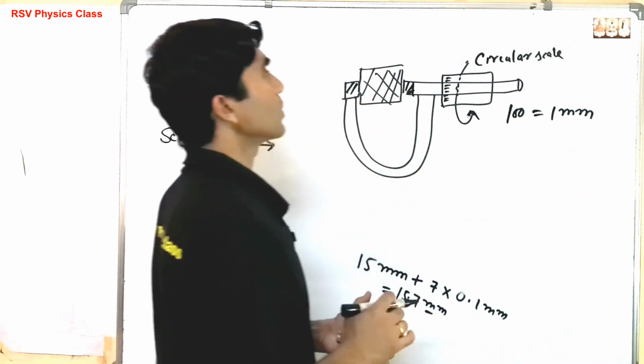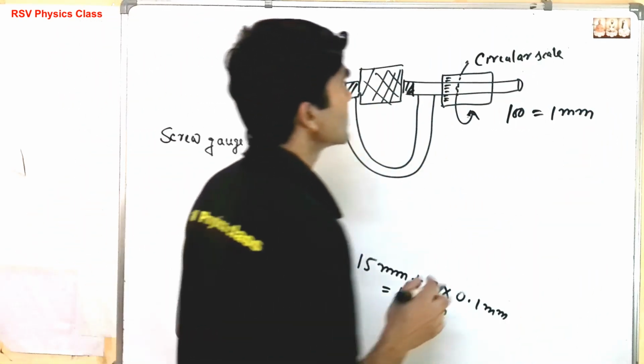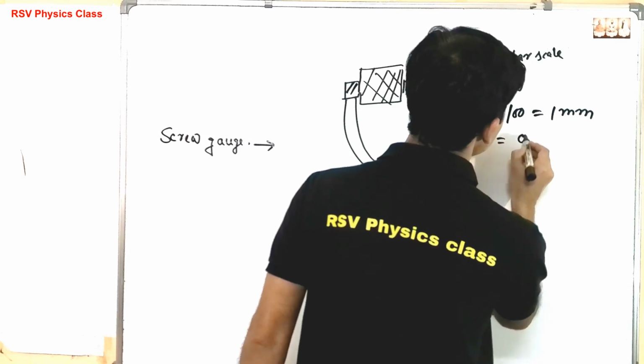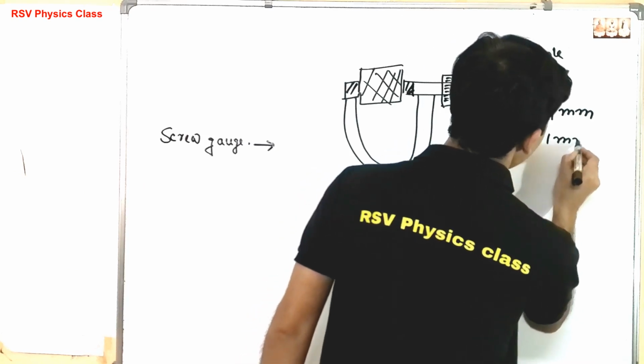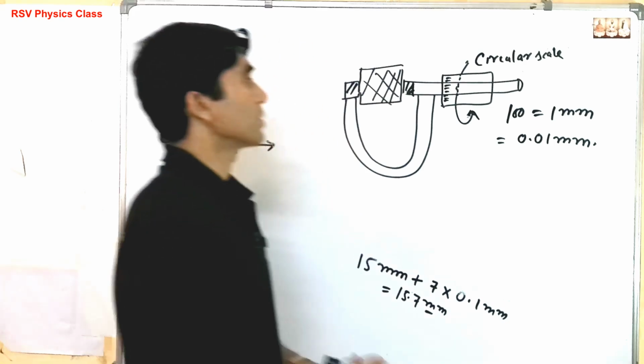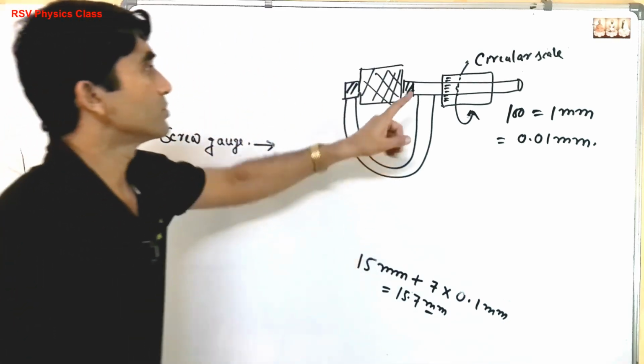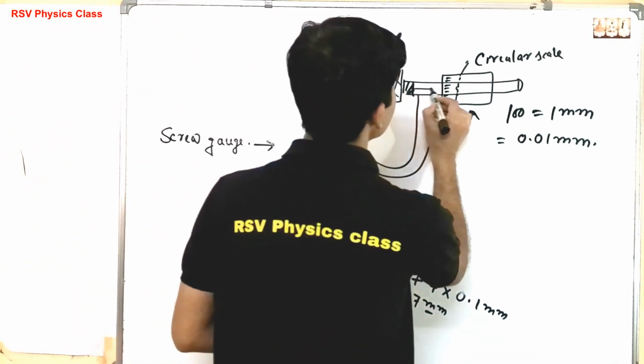Okay. So what is the screw pitch? This is equal to 0.01 mm. Okay. So there is a linear scale.